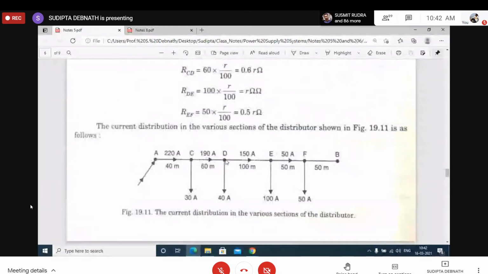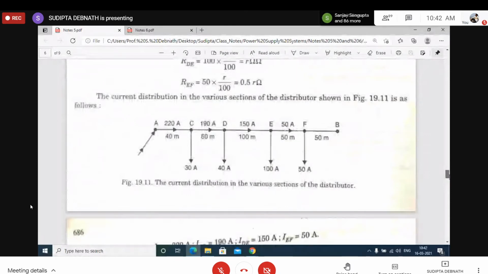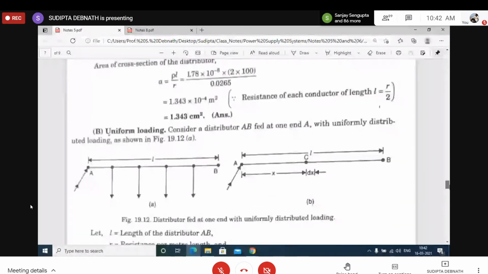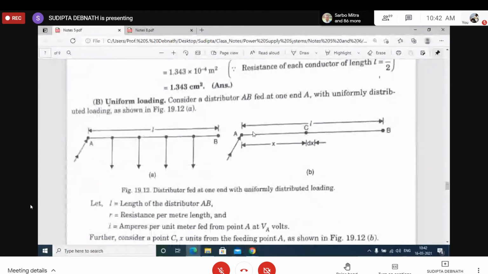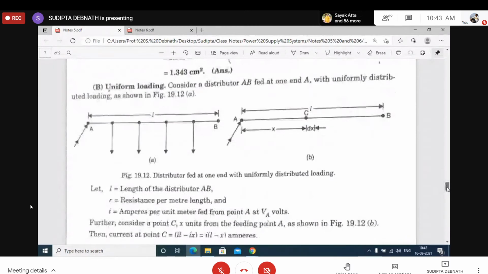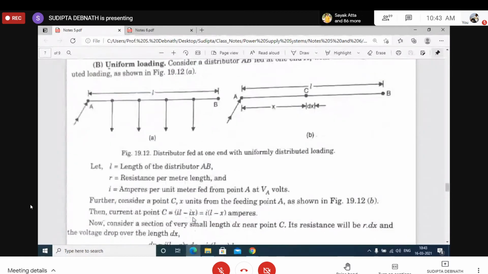Current entering here will be this current minus the current taken off at point C. So here also you have to consider the same way. What is the current entering at point C? It will be the current fed at A minus the current taken from this section. So it will be i into L minus i into x. So the current at point C will be iL minus ix. Is it clear up to this?